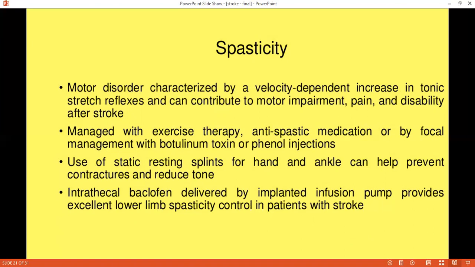It is managed with exercise therapy, antispastic medications, baclofen, botulinum toxin, phenol injection, and use of static resting splints, especially AFO and WCS, wrist cock-up splint, to prevent contracture and deformity. Intrathecal baclofen delivered by an implanted infusion pump provides excellent lower limb spasticity control in stroke patients.